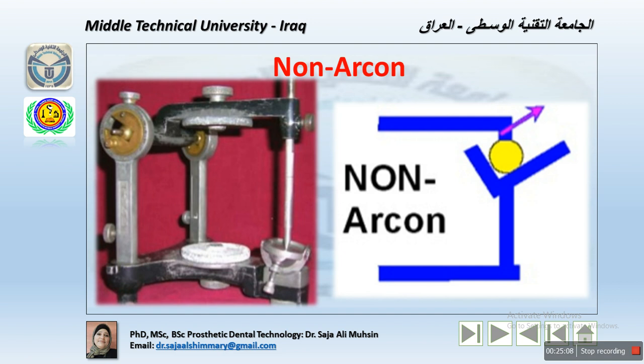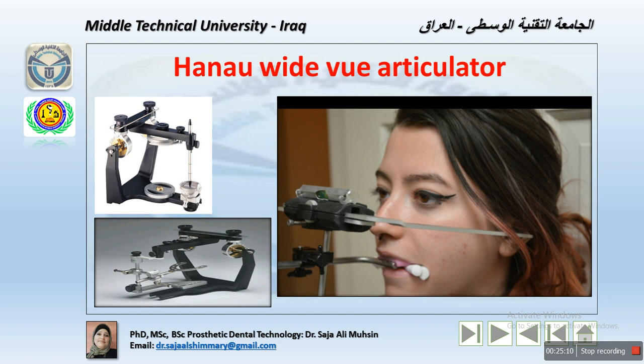Also, within this type we have the Hanau Wide-Vue articulator. It is one of the semi-adjustable articulators. It is a semi-adjustable arcon articulator, and mostly they use the arcon because it mimics the temporomandibular joint. It is one of the most commonly used instruments, accepts face-bow transfer, and it is capable of hinge and lateral movements.